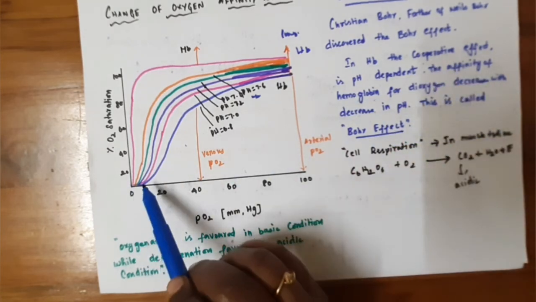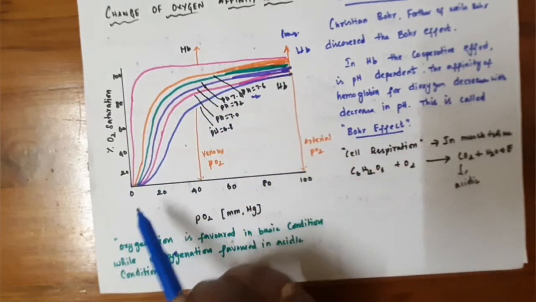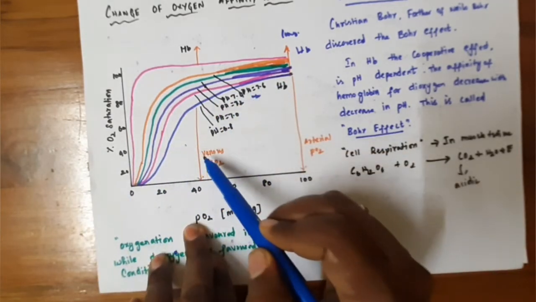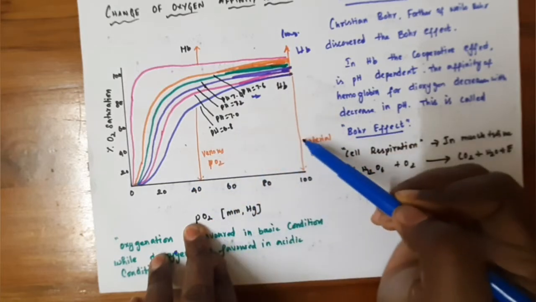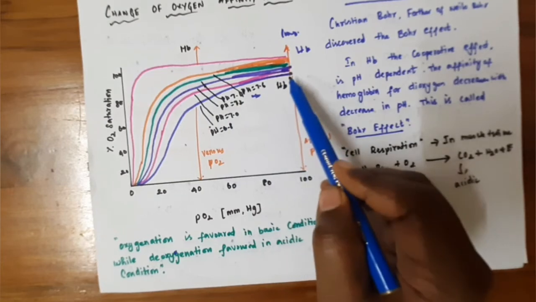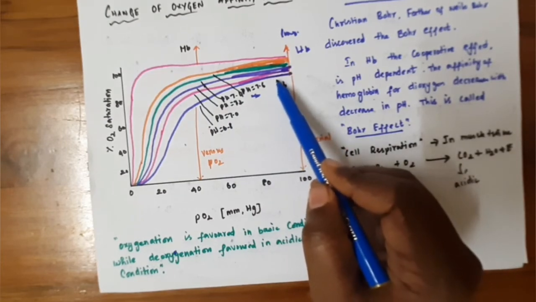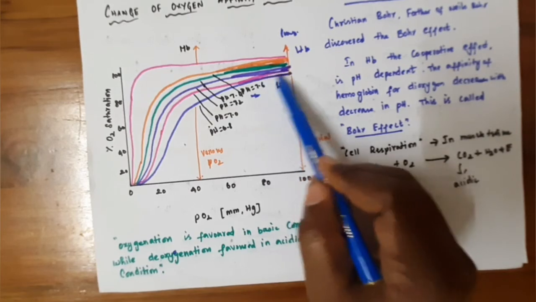And if you see the graph, this is the oxygen binding curve, and here this is the venous blood and this is arterial blood. When hemoglobin reaches the lungs, it experiences high pH, so the oxygen binding ability is very high here.